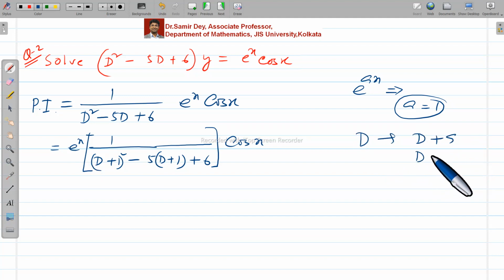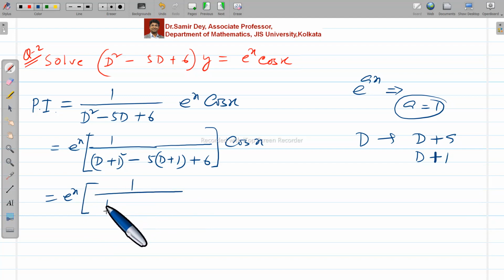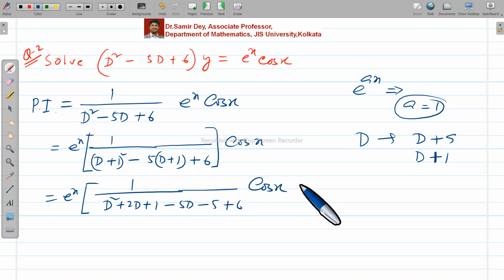In this problem, d plus 1. So already I have substituted. So e to the power x, here 1 by d square plus 2d plus 1 minus 5d minus 5 plus 6, cosine x. Please check.